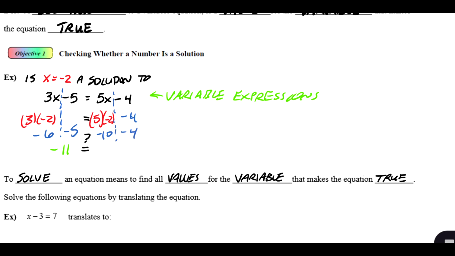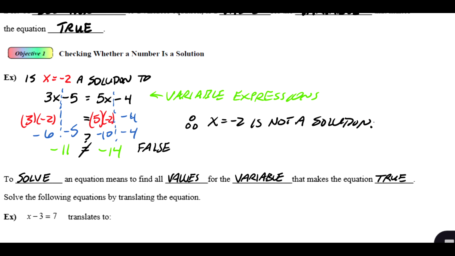If I combine those together, the value of the expression on the right is negative 14. So we found out that the two expression values are not the same. It gives a false equation. Therefore, we say that x equaling negative 2 is not a solution.